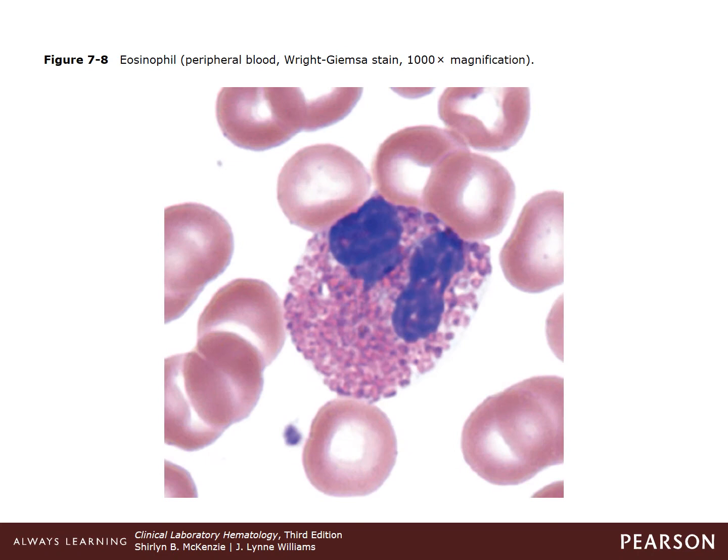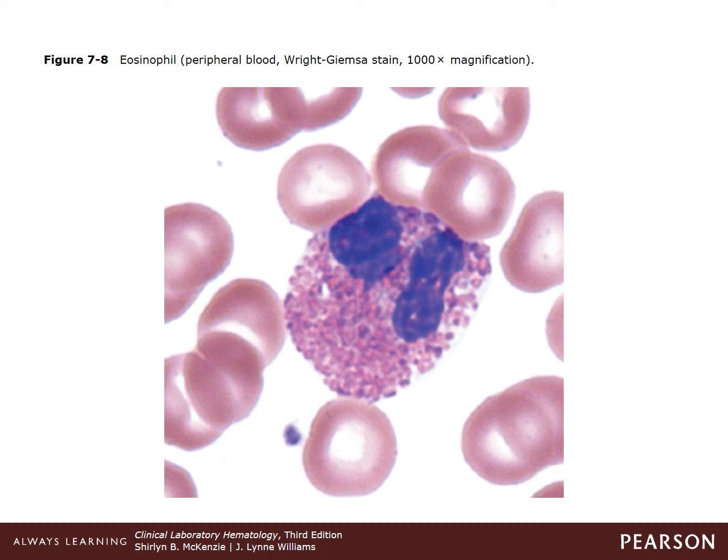The concentration of mature eosinophils in the peripheral blood is up to 0.4 times 10 to the 9 per liter. If you have an increase in that number, this term is called eosinophilia. It's influenced by the cellular arm of the adaptive immune system, or T cells. They provide pro-inflammatory cells that are associated with allergic diseases, parasitic infections, and chronic inflammation.